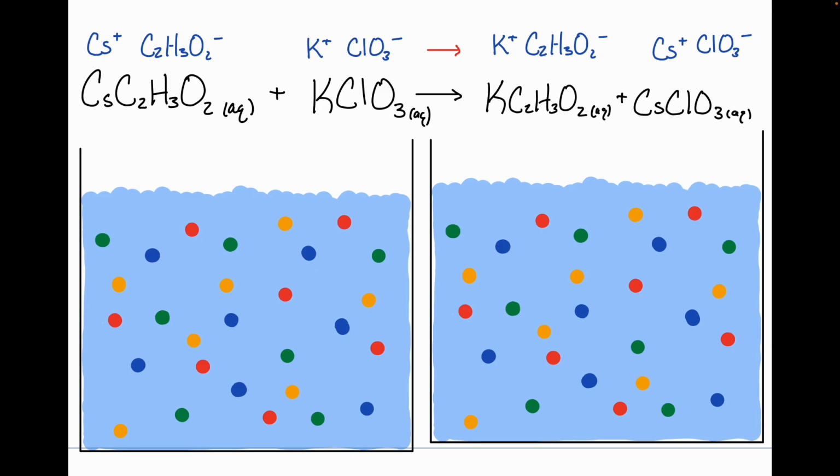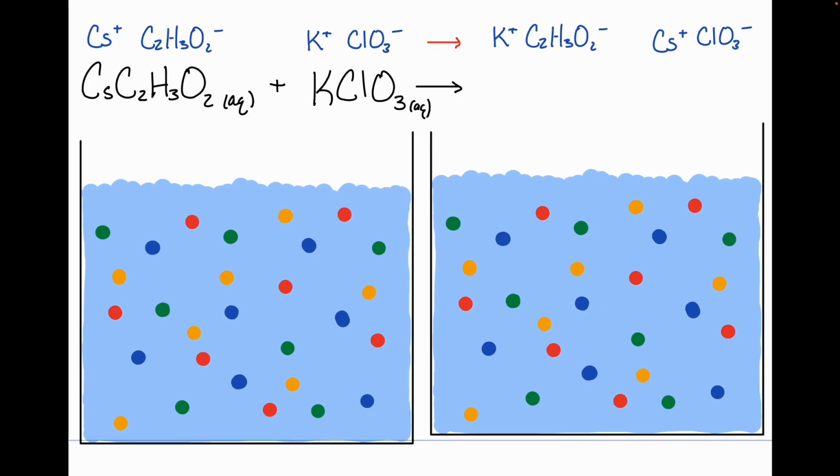So in this case, we don't even bother trying to get our balanced chemical equation. Once we look them up and they're both aqueous, we're going to stop right there and say no reaction. Okay? If you have no solid product that's formed, then there's no chemical reaction that's occurred. All you've done is mix two solutions together.